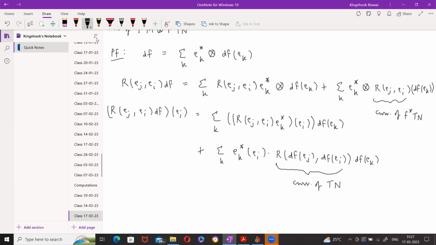So this object, R of E_J, E_I, DF, acting on E_I, is an element of F star TN, right? Yes, the first thing, R of E_J, E_I acting on DF E_K, and then that whole thing acting on E_I, is an object of F star TN.